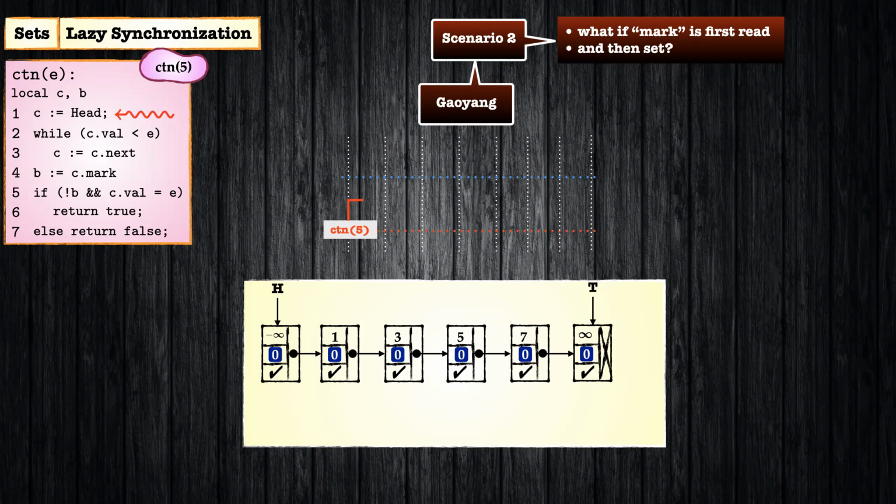C is assigned the value of head, then we do the while loop, go all the way and find the correct cell, which is 5. Now we exit the while loop and read the C mark, which in this case is false. We record the result and store it in B. So let's remember that now the value of B is false.